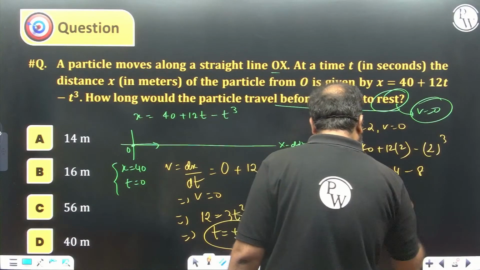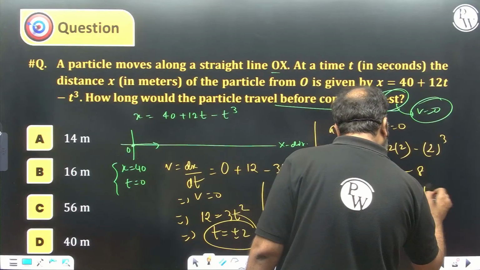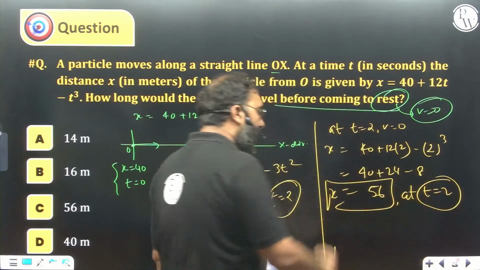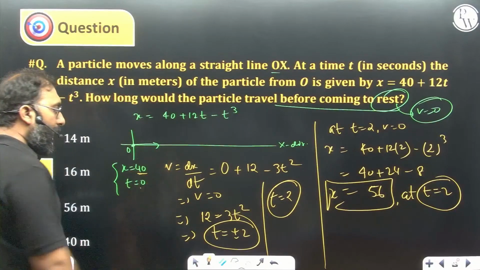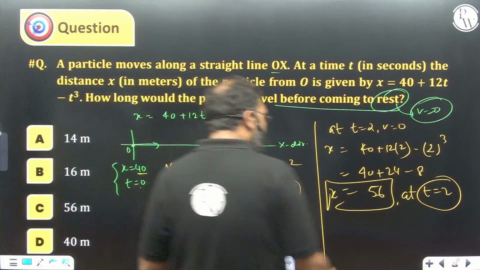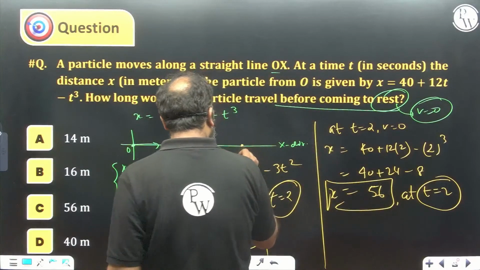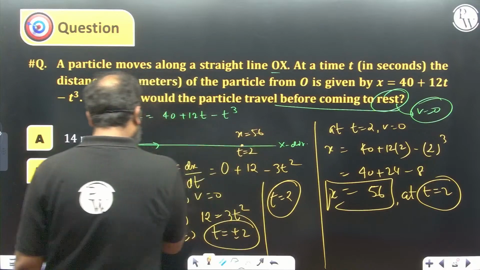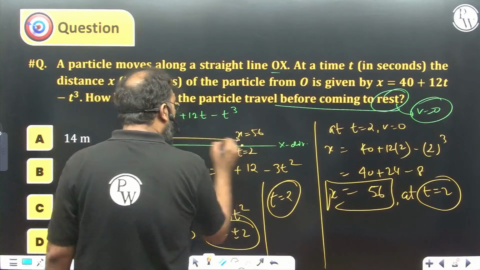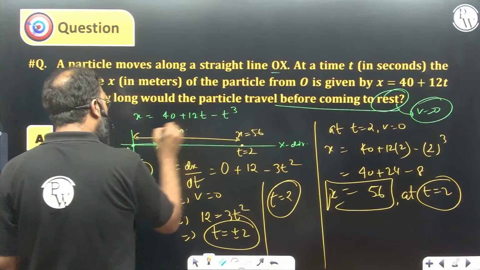So at t equals 2 seconds, the particle is located at 56. And at t equals 0, it was located at 40. So how much distance has the particle traveled? Let's say this is t equals 2 and this is x equals 56, and this was x equals 40. So how much is this distance? This is 16 meters. Yes or no?